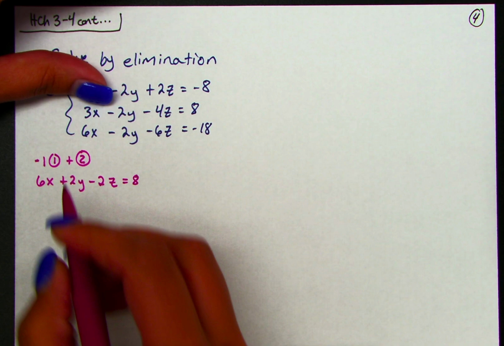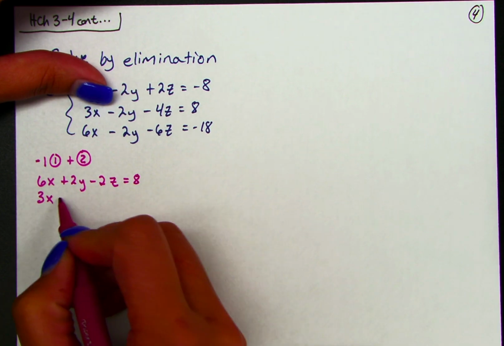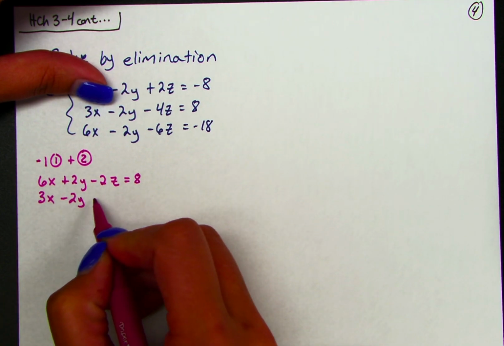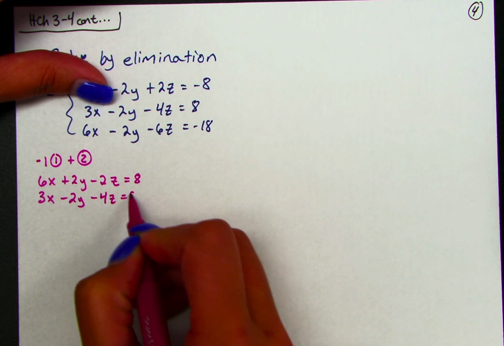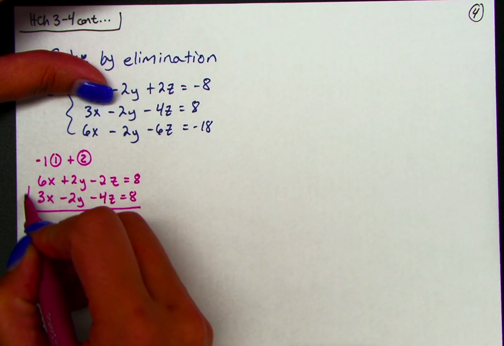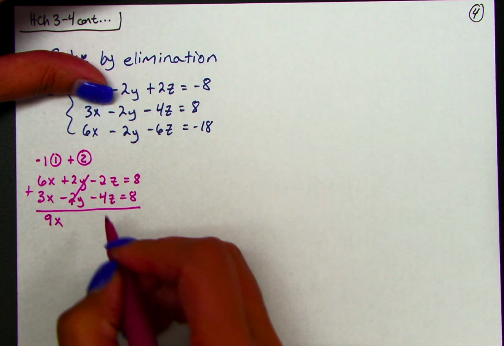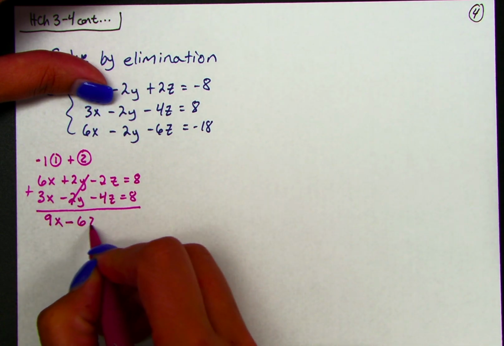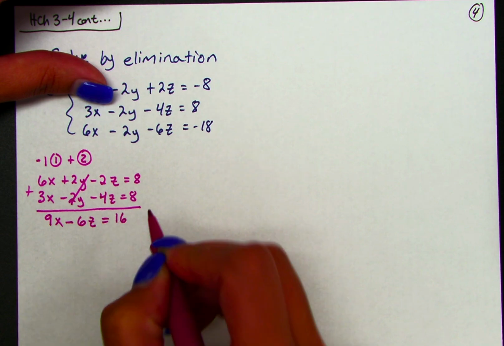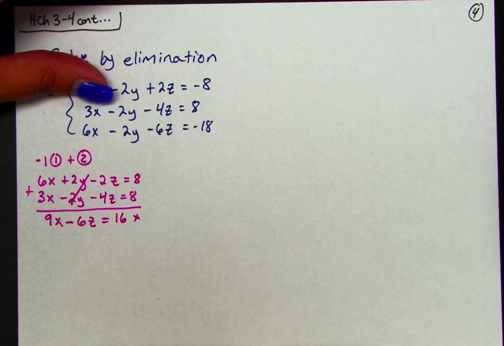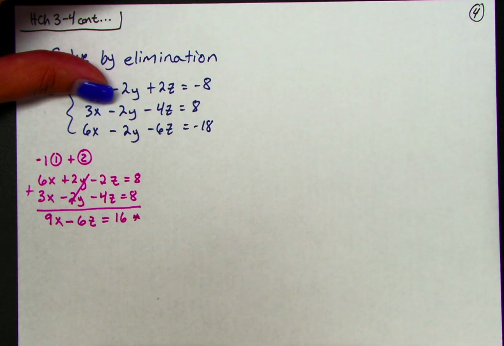And then equation 2 is going to stay the same, so 3x minus 2y minus 4z equals positive 8. We are adding those together, so 9x, the y's cancel, minus 6z equals 16. Again, I'm just going to put a little star by that so I remember to come back to it.